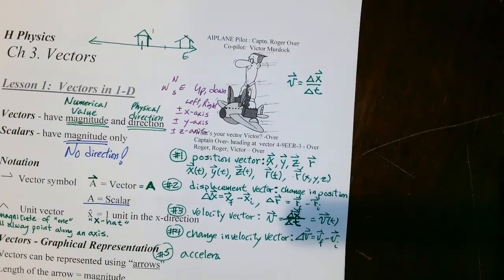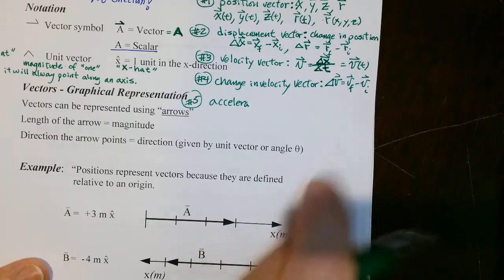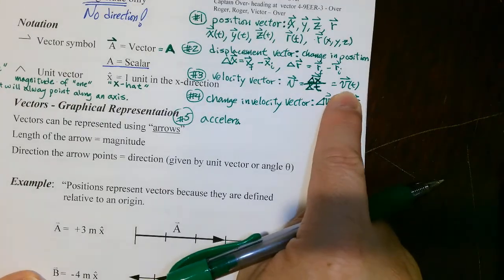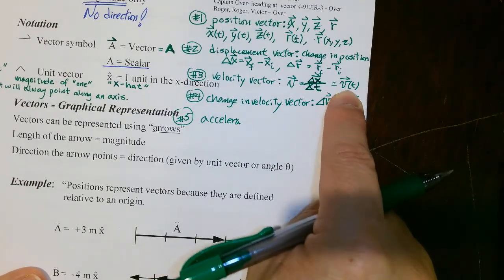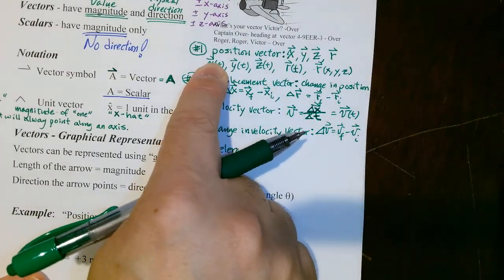Is that better? Yeah. All right. That can also be a function of time as well, velocity vector. And this velocity vector is actually the first derivative of the position vector.